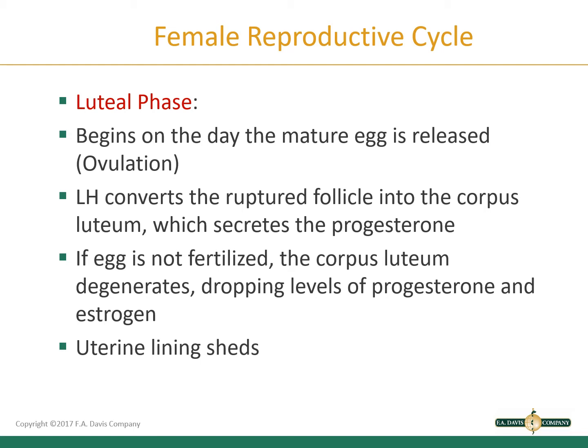That's in the slideshow as well. That HCG pregnancy hormone signals the corpus luteum to continue to secrete progesterone. That progesterone hormone prevents the endometrium from being expelled, and it continues to prevent further ovulation.